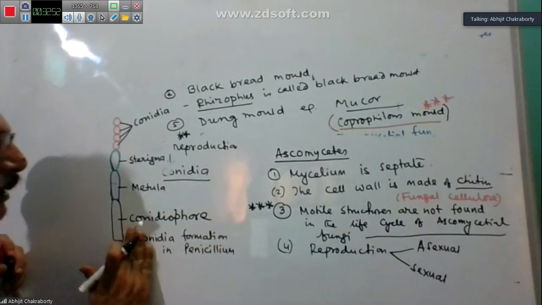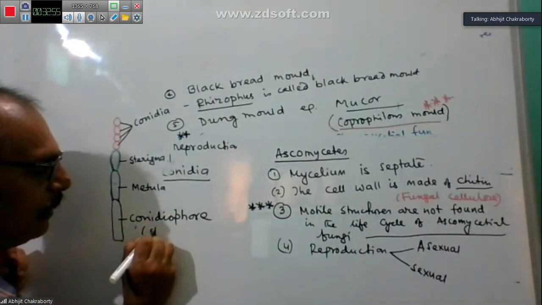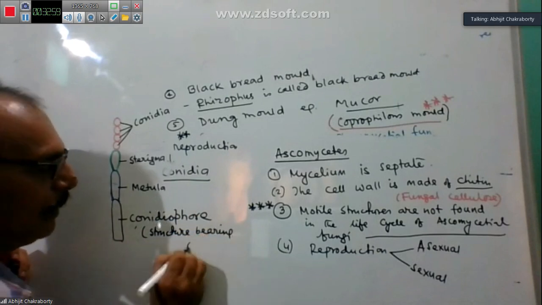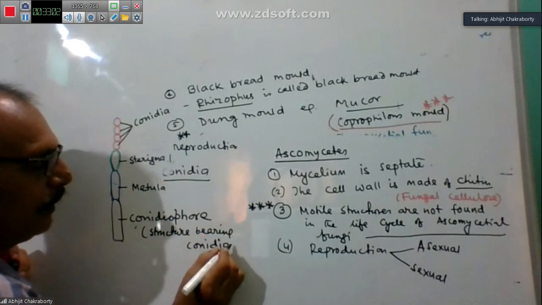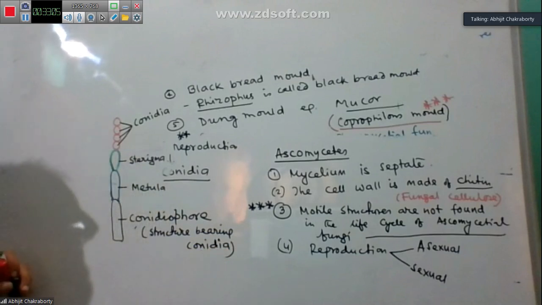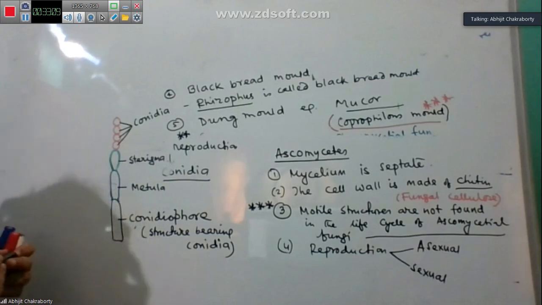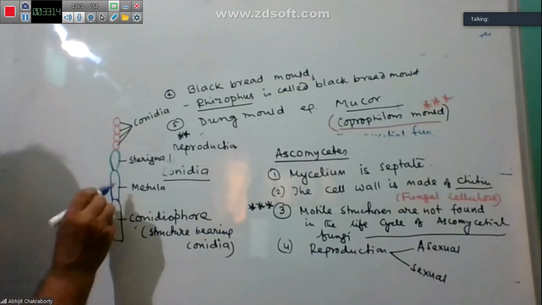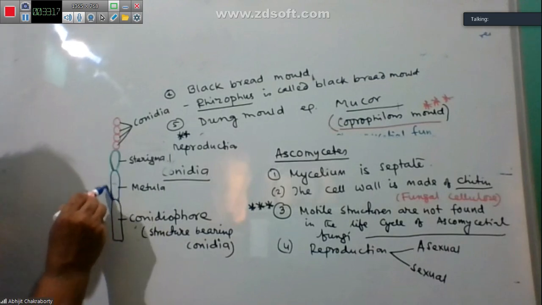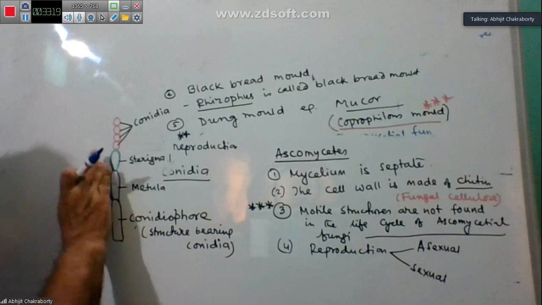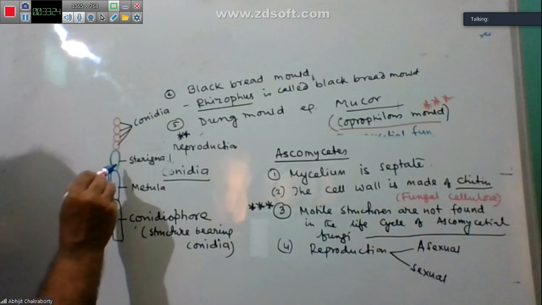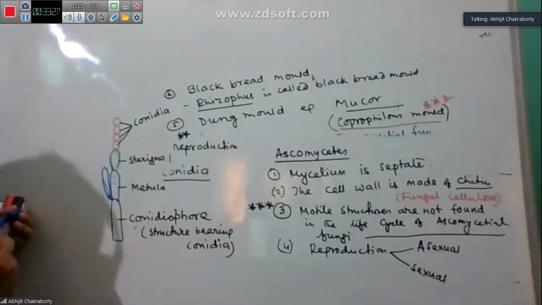Structure bearing conidia is called conidiophore. But it is found to be highly branched actually. If I am showing you again, a lot of metulae are found. Again, from here, some branches may develop.